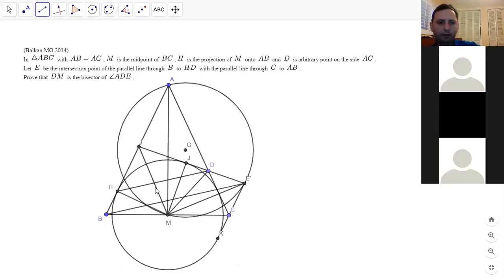Because if this is actually a right angle here, I wonder if BD is parallel to HJ.